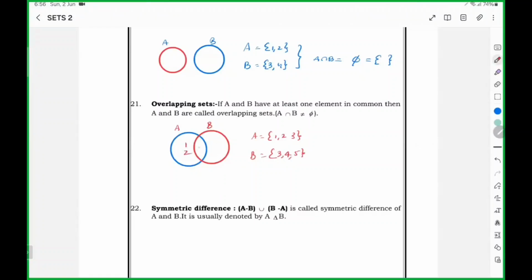This intersection contains only one element, 3. One element is there, so it is not the empty set. These types of sets are called overlapping sets.